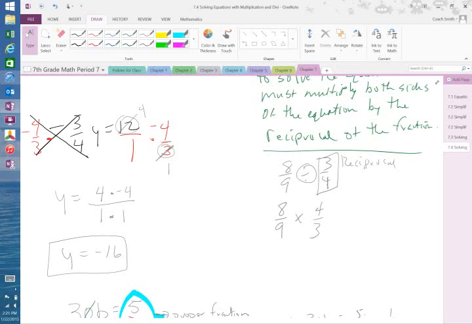And that means you have 9/16 in front of the y instead of 1. So that's why you have to do the reciprocal. We have to create a 1 over here on the left side, and the only way you can do that with a fraction is multiply it by its reciprocal. And so if there's a fraction in front of the variable, that's when you know to do the reciprocal. Yeah. Anytime there's a fraction in front of the variable, you do the reciprocal to solve it.